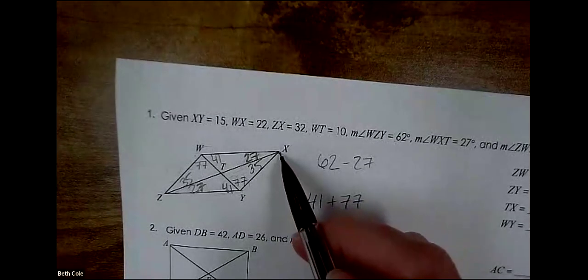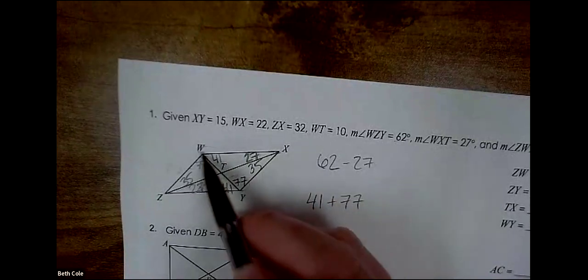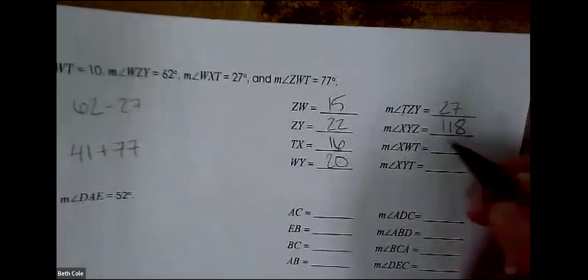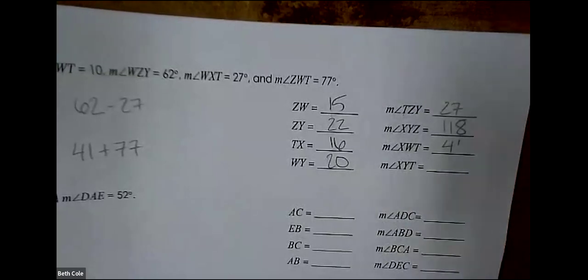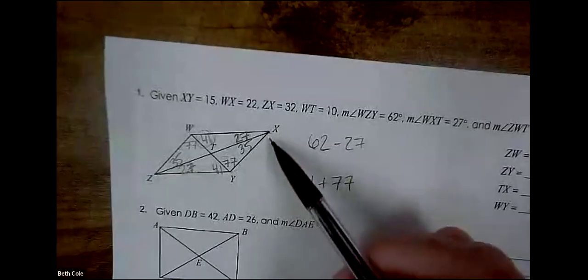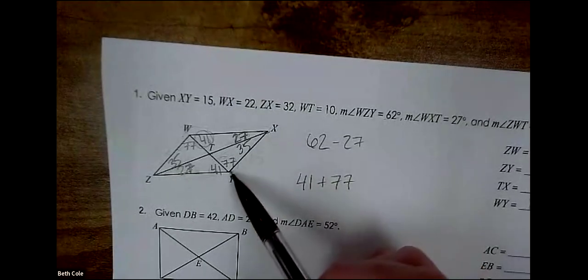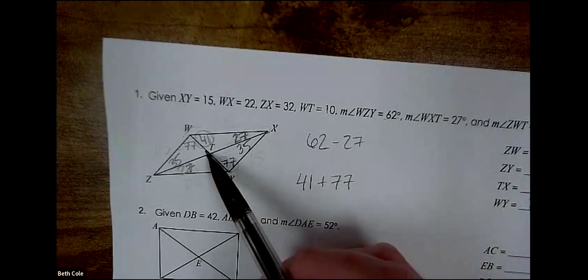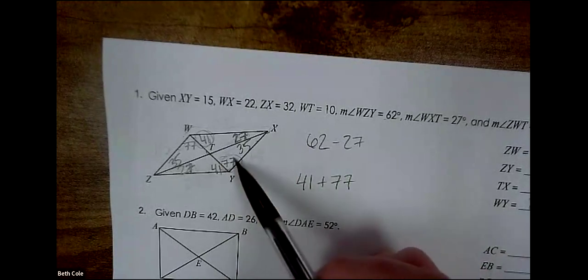So X to W to T. That would be 41. And then last one, XYT. So let's see. X to Y to T would be just this one. So 77.